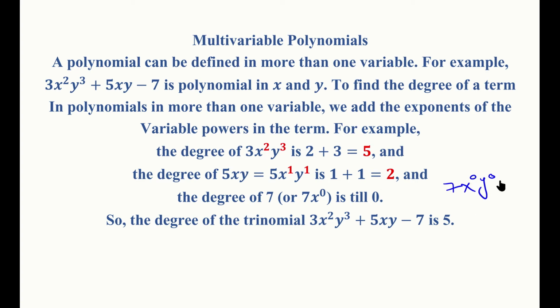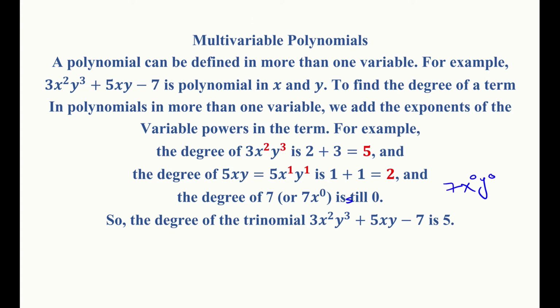Notice, because what's 0 plus 0? It's still 0. All right. And what is the degree of the whole trinomial? Well, which one of the terms had the highest degree? Notice it was that first one. So we get the degree is 5.